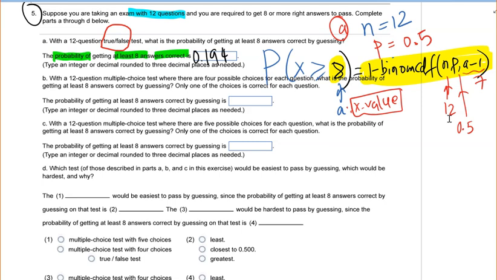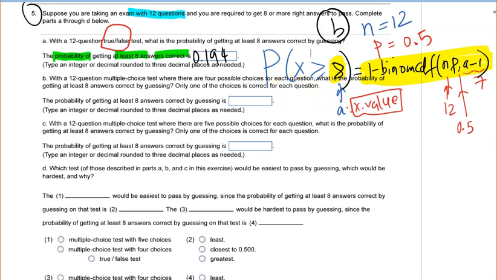Part B is similar. What's the difference? In part B, you're doing exactly the same thing, except there are 12 questions in a multiple choice test with 4 possible choices for each question. What is the probability of getting at least 8 answers correct by guessing? Only one of the choices is correct for each question.